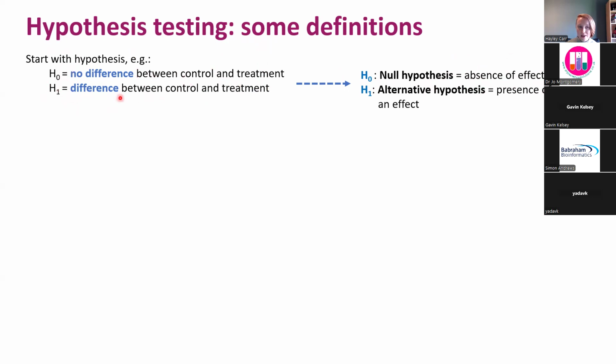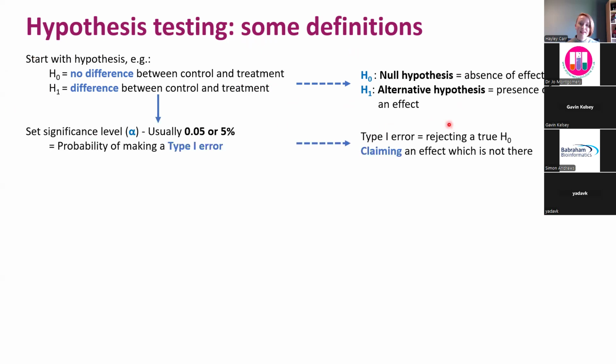The other hypothesis we have is our alternative hypothesis, and this is the presence of an effect, so that there is a difference between our control and our treatment group, for example. So we have this potential difference that we want to test for. There's a few statistical steps that we have to take in order to test this.